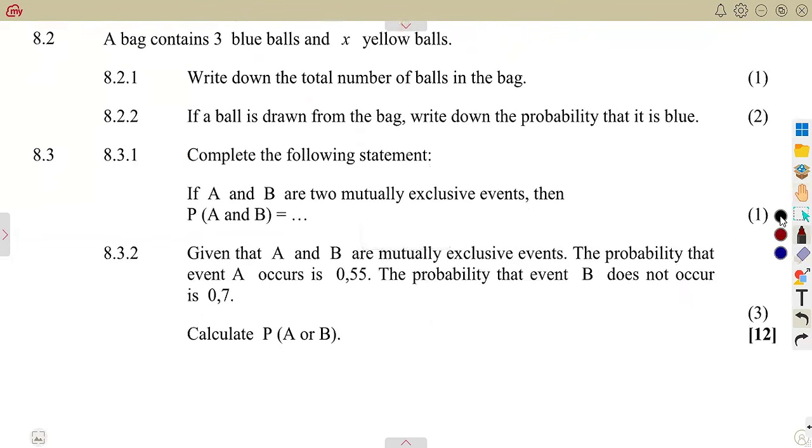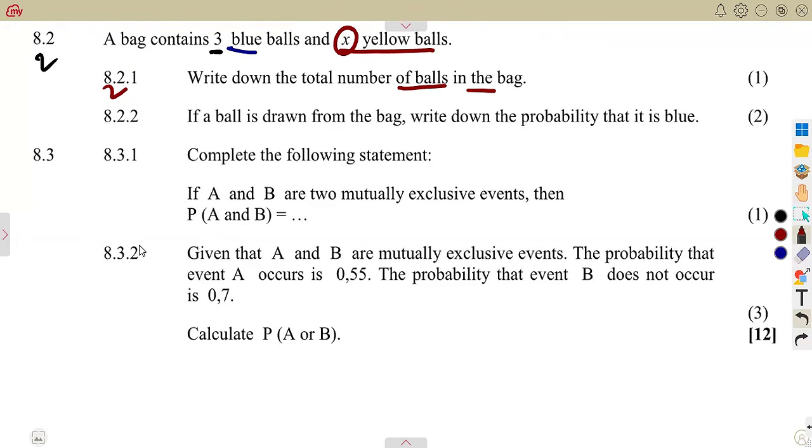8.2, we are given a bag contains 3 blue balls. That is what we have. 3, they are blue. X yellow balls. 8.21. Write down the total number of balls in the bag. How many balls do we have? It's an expression because we do not have the exact number of the yellow.